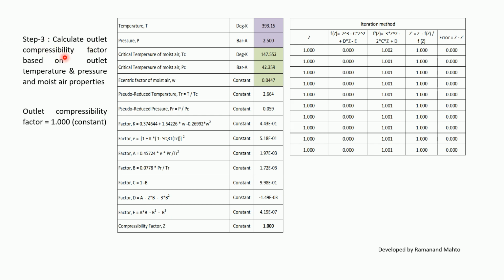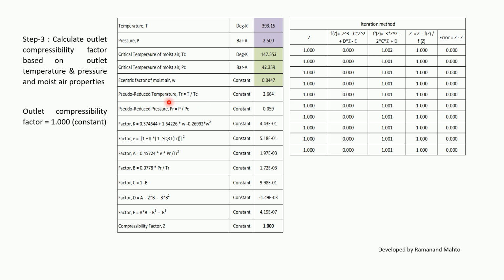Step 3, calculate the outlet compressibility factor based on the outlet temperature, pressure and moist air properties. Outlet temperature is 393.15, pressure is 2.5 absolute. Tc, Pc and W are the same as previous.